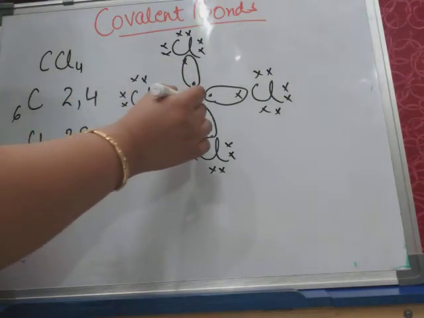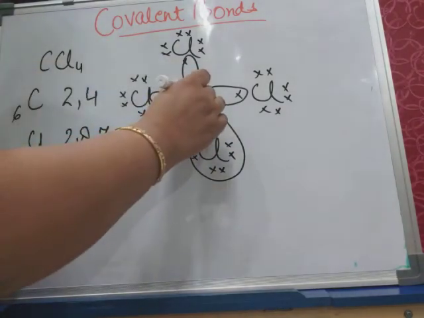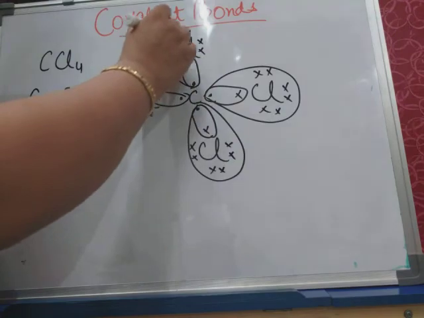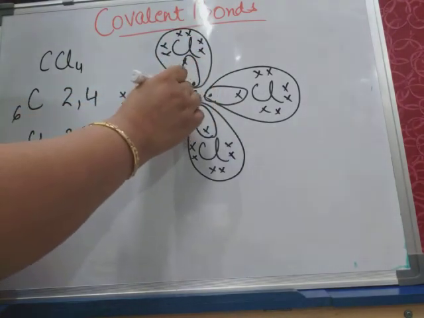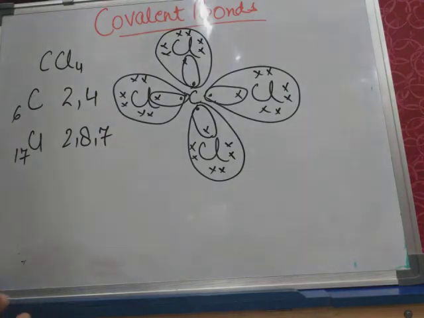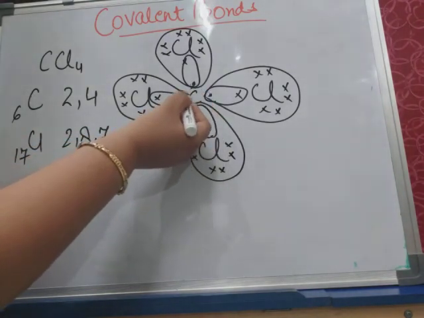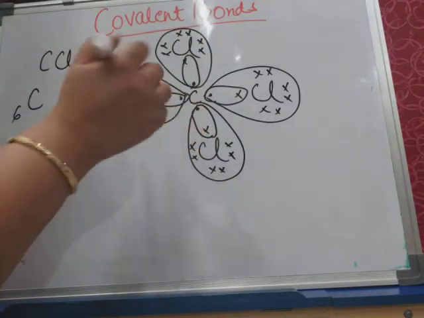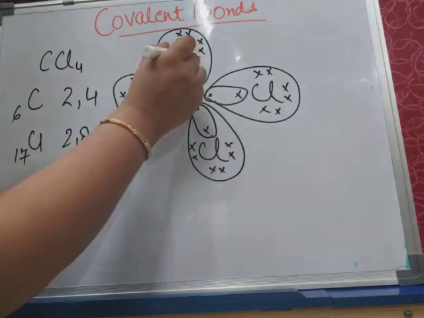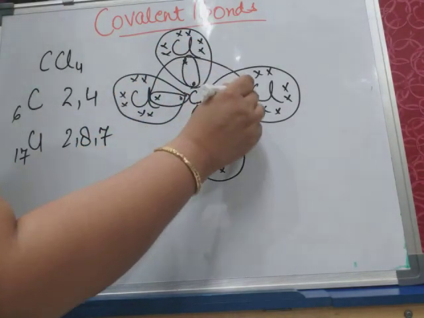Now see, this chlorine will attain stability by having 8 electrons. This will also, and this will also attain stability. Now it's the turn of the carbon atom. See, this carbon has 1, 2, 3, 4 its own valence electrons, and 1, 2, 3, 4 it has shared with the 4 chlorine atoms.